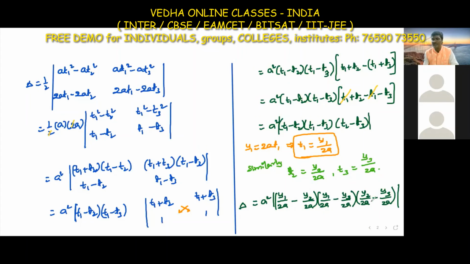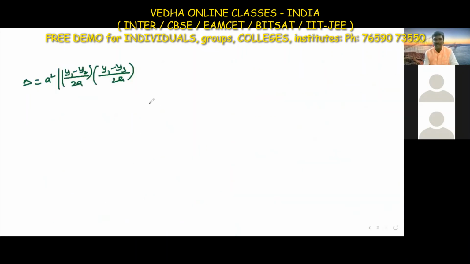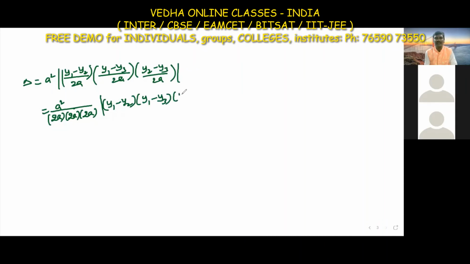Next also 2a is LCM, y2 minus y3. All these 2a terms we can write outside: 2a here, 2a here and one more 2a here. So we get (y1 minus y2), (y1 minus y3) and (y2 minus y3).